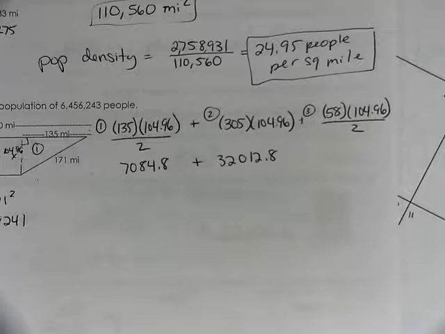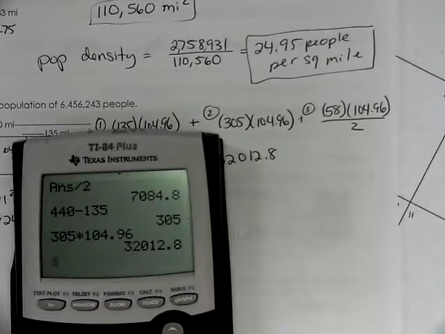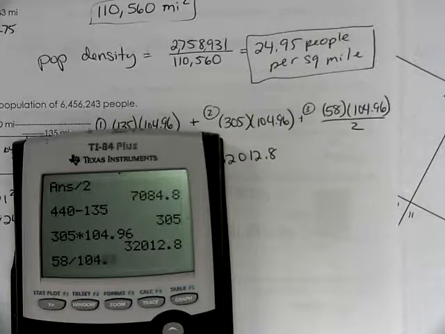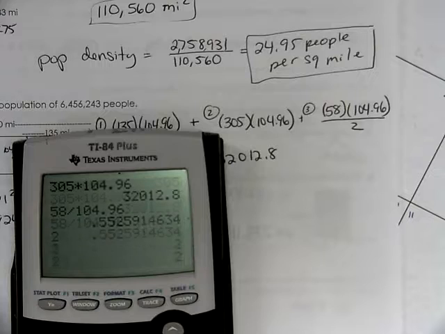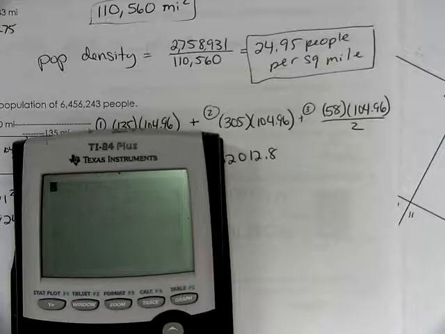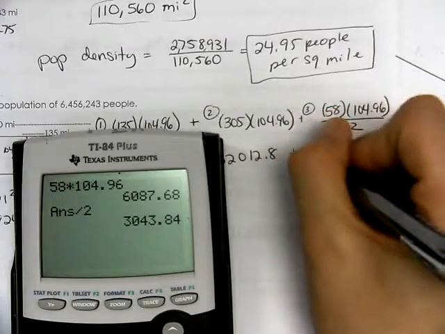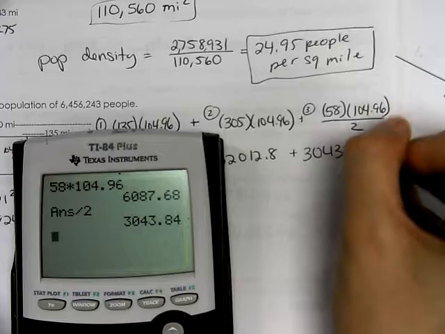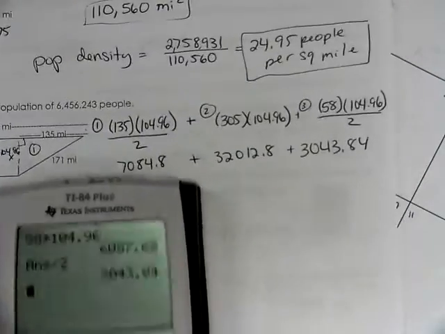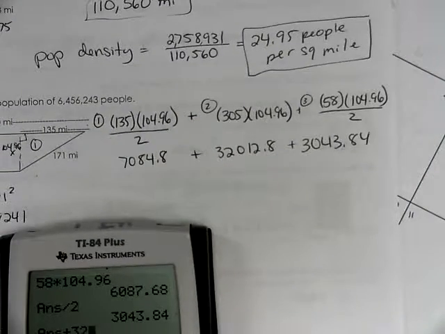That's why if you don't start on the right side and work your way left, it gets kind of weird. That comes to 3,043.84.